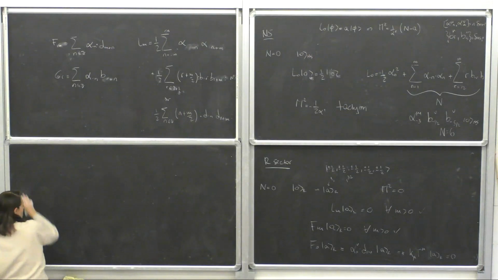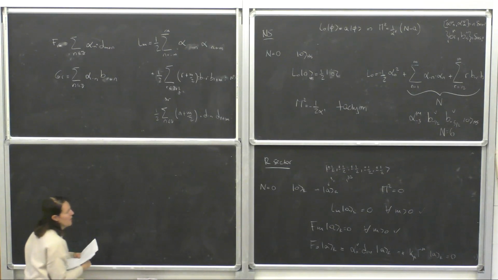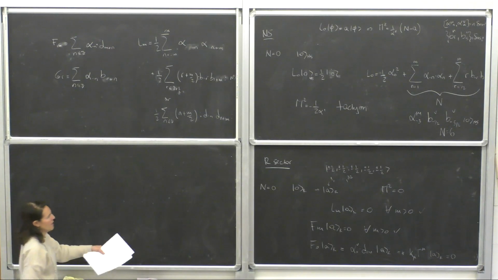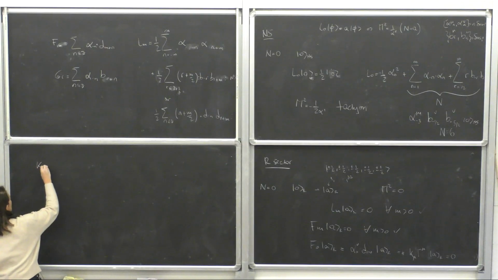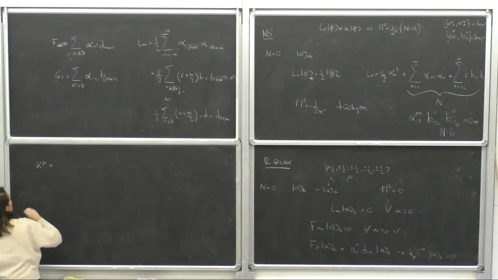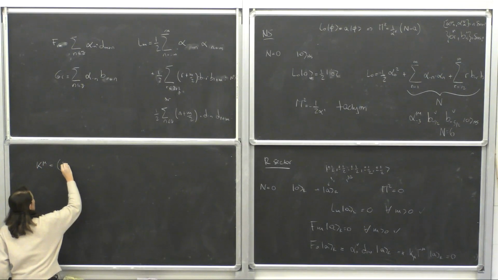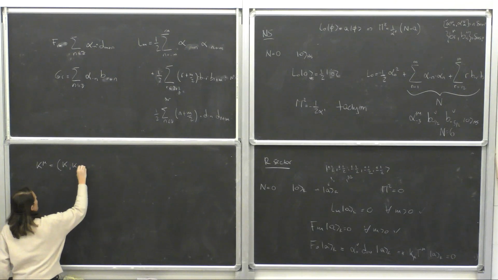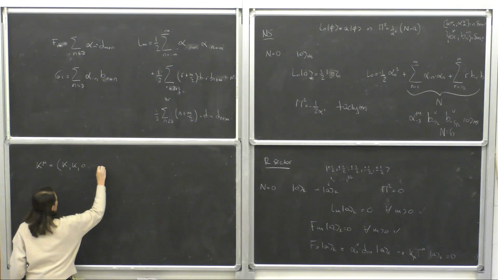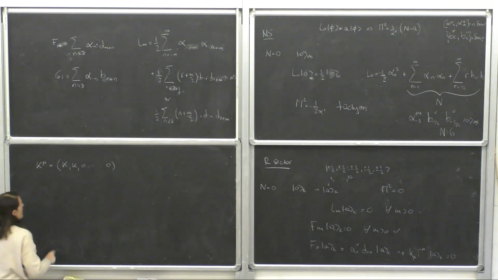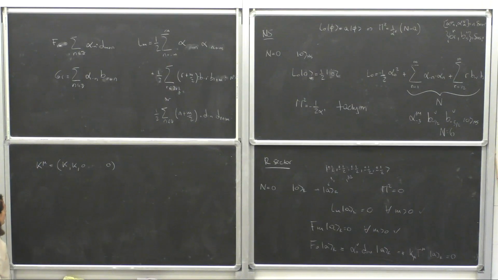And what does that mean? Since it's massless, we can do the same as we did for the vector, taking k mu to be k, and zeros in all the 8 other components.